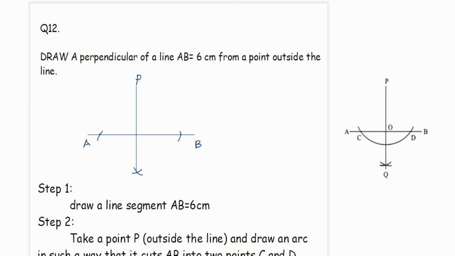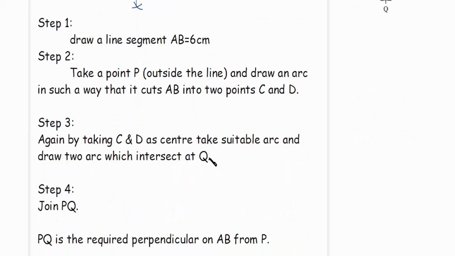Through the joining point of the arcs you can draw a line, and this becomes perfectly perpendicular. If it is perfectly perpendicular, it means the angle is 90 degrees; only then is it perpendicular. This is the method, and these are the steps.